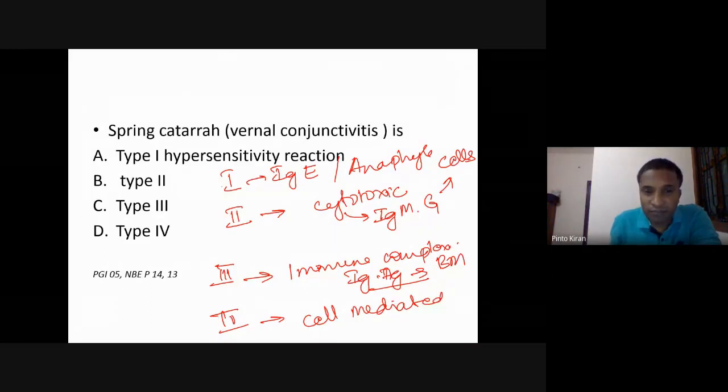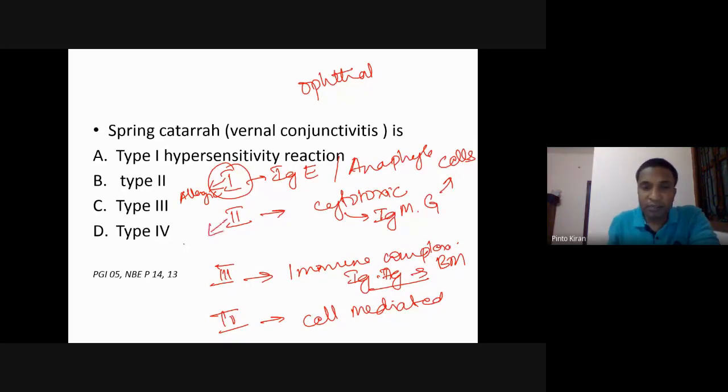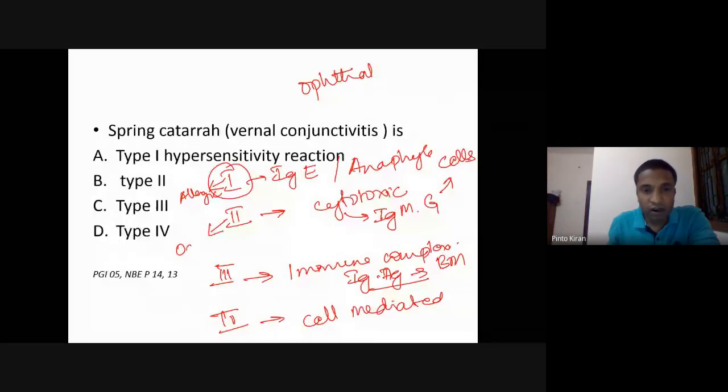What are the examples for this? All allergic conjunctivitis are type 1 hypersensitivity reaction. I'm talking about only the ophthalmic field, okay? But the classification is the same. Type 2 examples are ocular cicatricial pemphigoid or pemphigus.